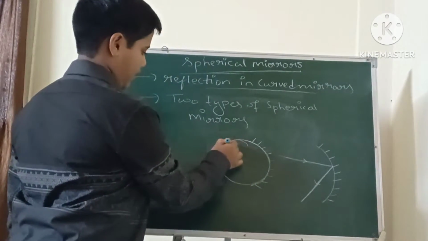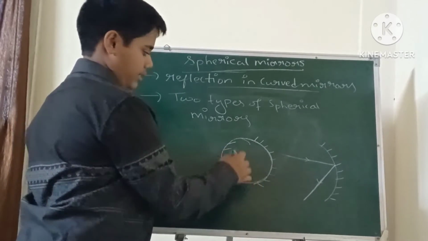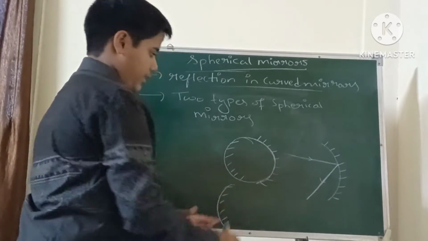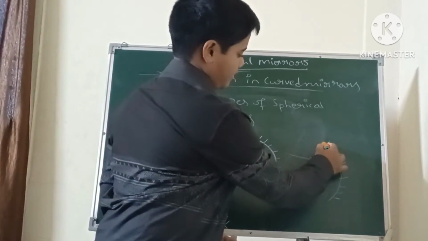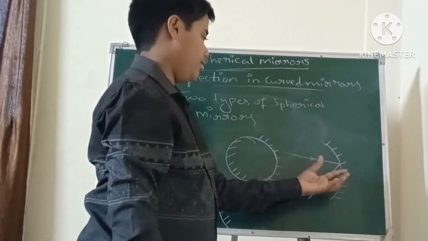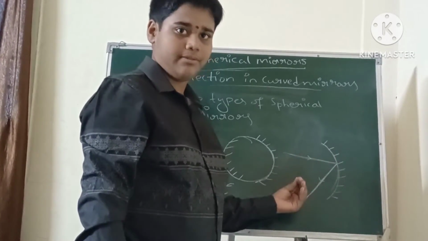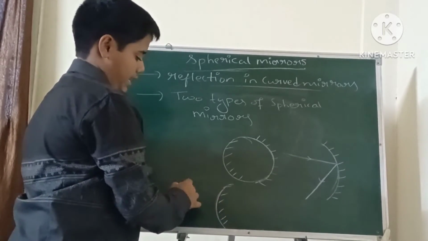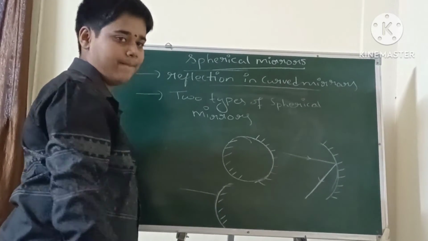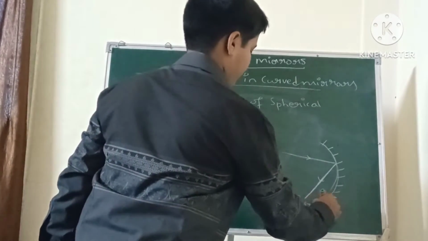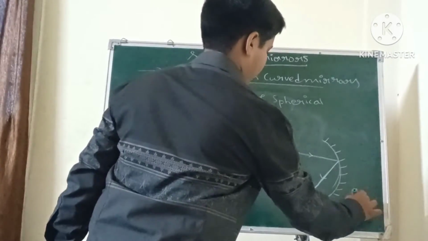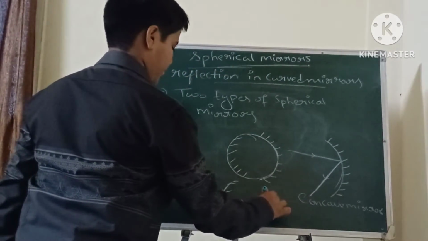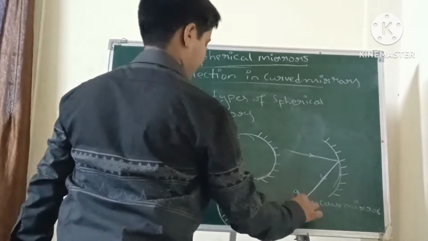I am taking another. This is a concave mirror. Here the rough surface is outside and the reflecting surface is inside. This is a convex mirror.